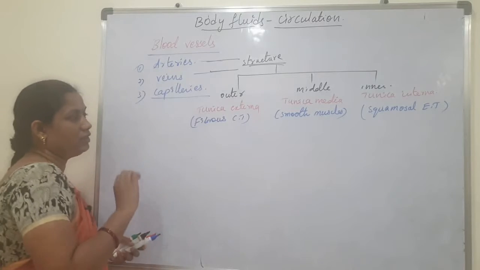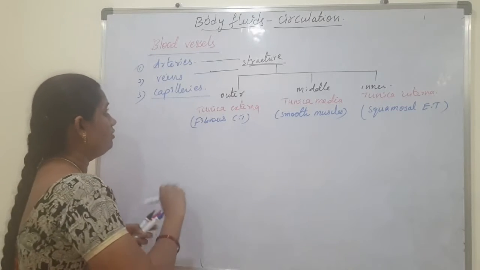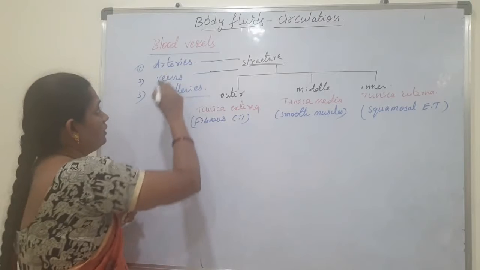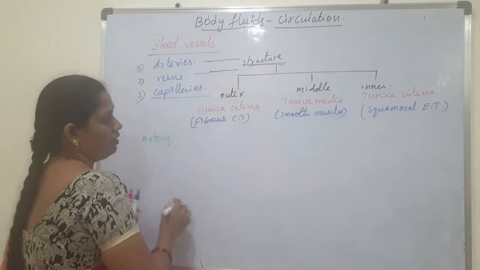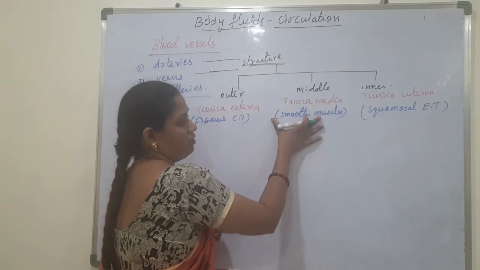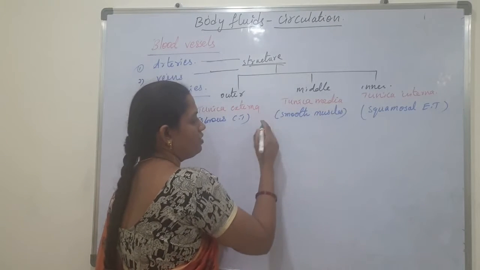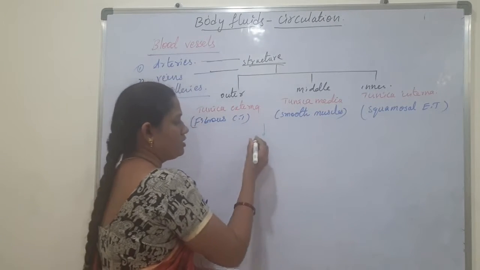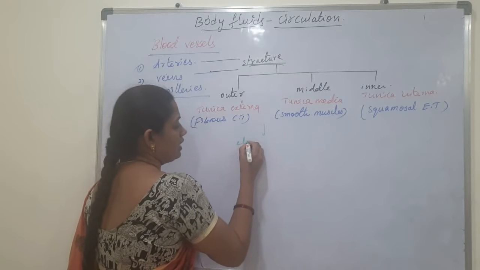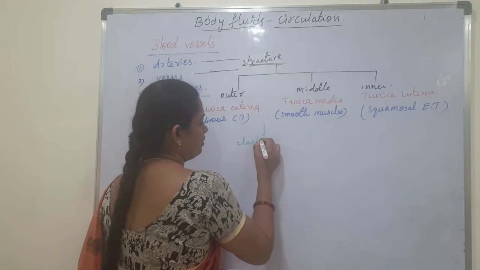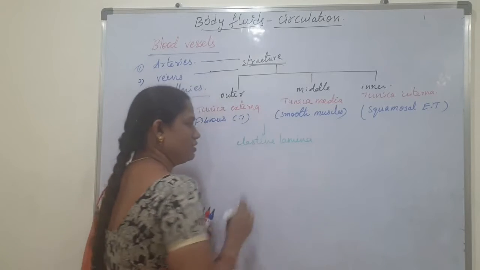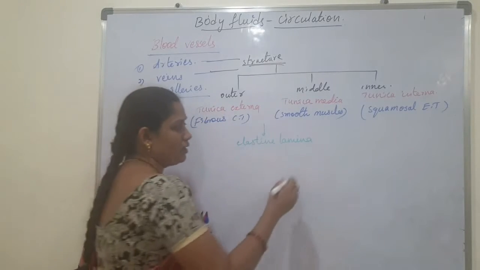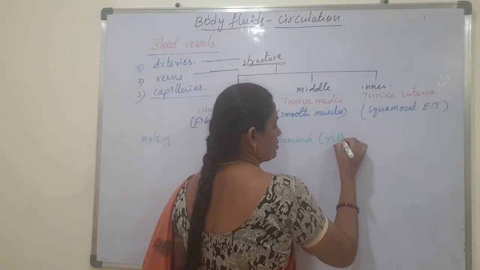Next, here only small differences are there between arteries and veins. In an artery, on either side of the middle layer, one more layer is also present, that is elastin lamina. Elastin lamina is made up of yellow elastin fibers.